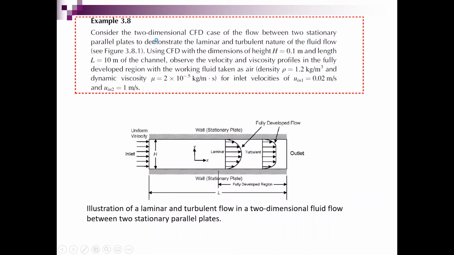Take this Example 3.8. We consider the two-dimensional CFD case of flow between two stationary parallel plates, to demonstrate the laminar and turbulent nature of the fluid flow.